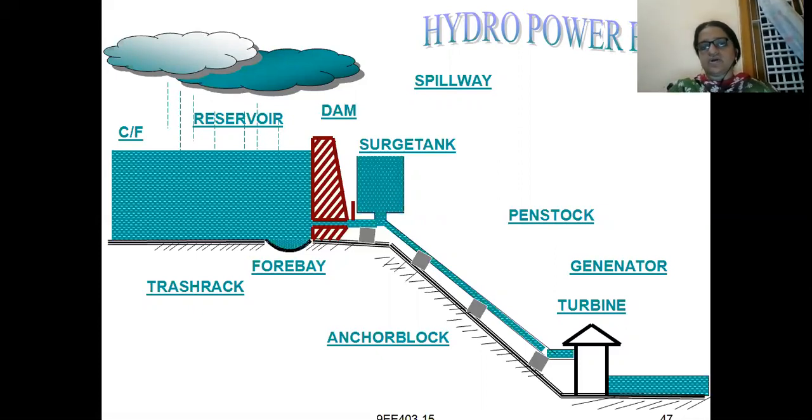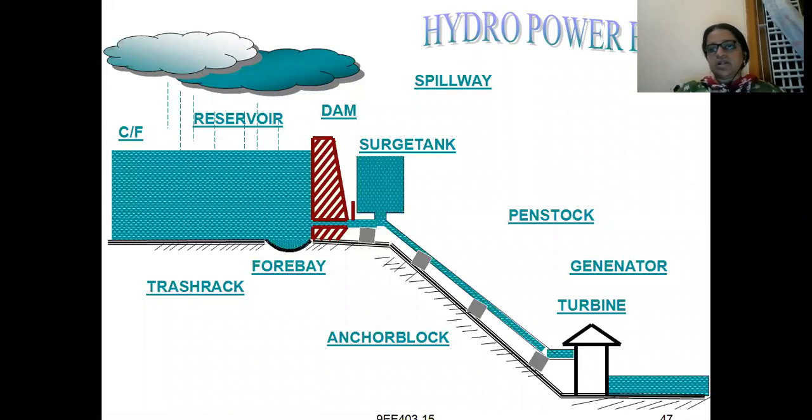Suppose it is a peak load hour, like evening 6 to 8 p.m., and the demand for electricity is more. If the demand for electricity is more, what happens? Definitely a larger amount of water is required in the dam.